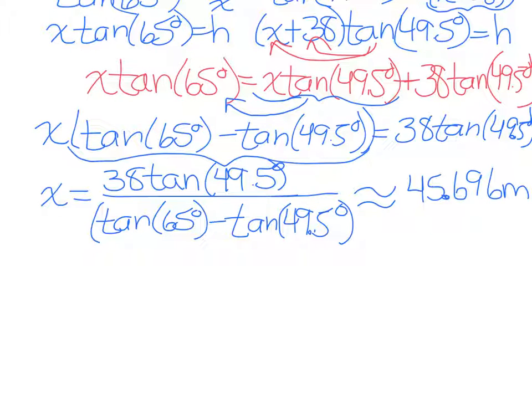Okay, so we really want the height of Big Ben, and we know that the height is equal to, keeping it easy, x times the tangent of 65 degrees. I didn't have my picture in front of me.